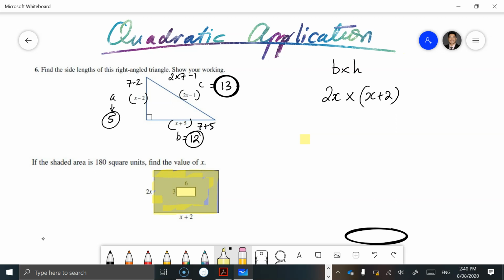Okay, what we don't want is this little rectangle in the middle, so we need to take that away. So I'm going to subtract the area of the smaller rectangle, which is 3 times 6, which becomes 18.